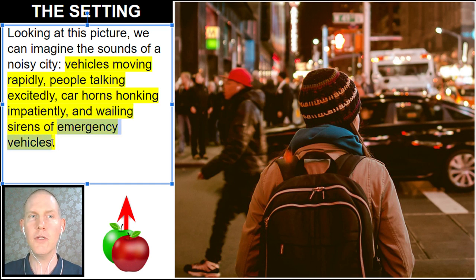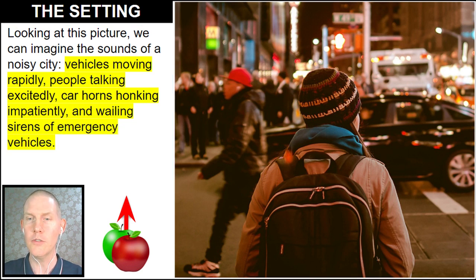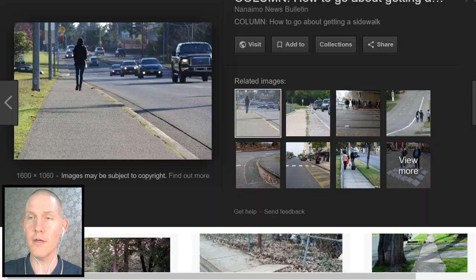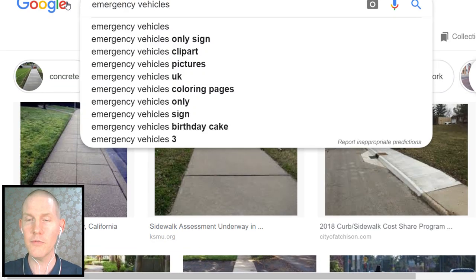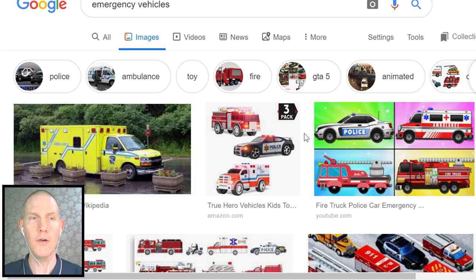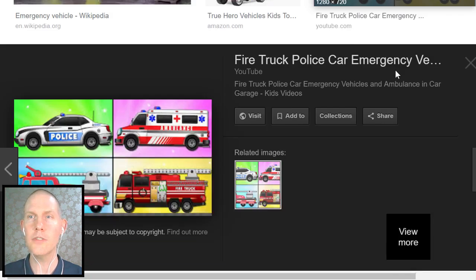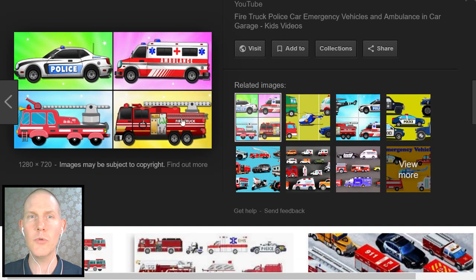And let's quickly take a look at emergency vehicles to make sure we know what we're talking about. So I would be thinking of ambulances, police cars, stuff like that. Okay, so here you go. This is kind of a cartoon picture, but you have the ambulance, you have the fire truck with an extension ladder, and the police.